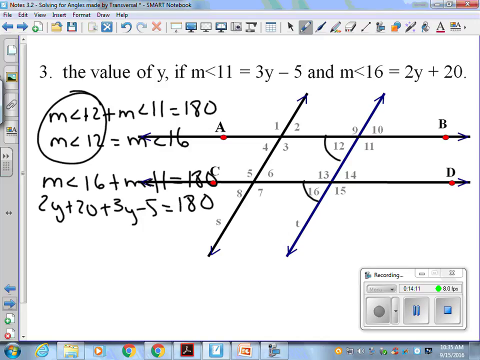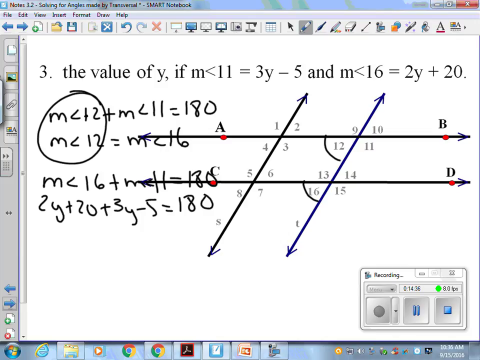So just because I choose a pair that doesn't have a relationship, it doesn't mean I can't do it. It just means I have to work around it. I have to try to figure out what do I know the relationship to so that I can substitute in an angle I do know something about. So I took out the angle 12 and put in the 16 because 12 and 16 are the same thing.